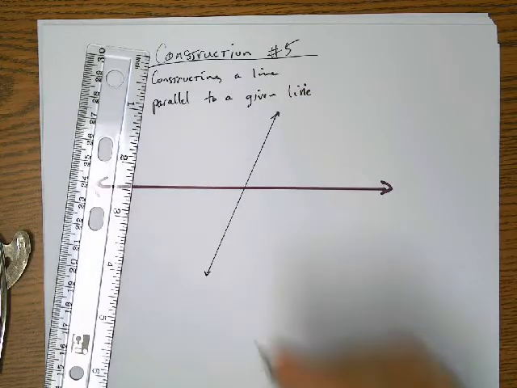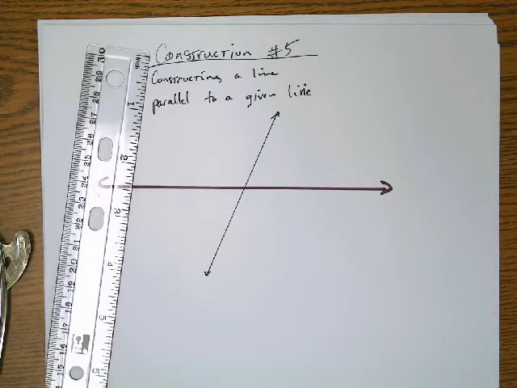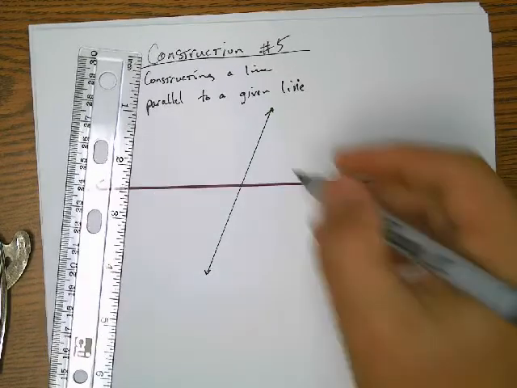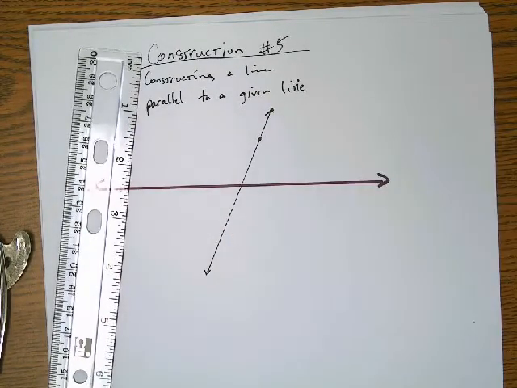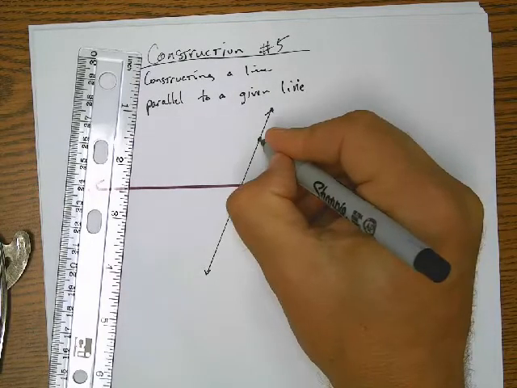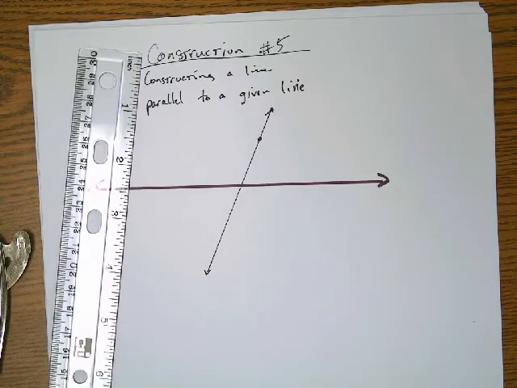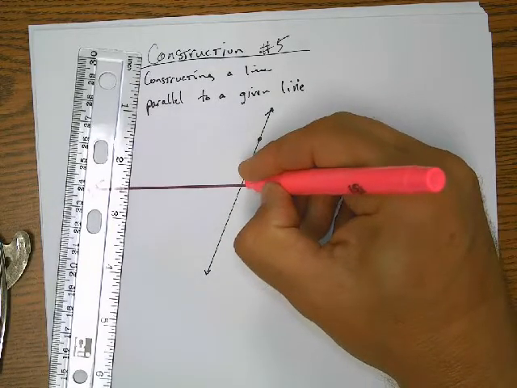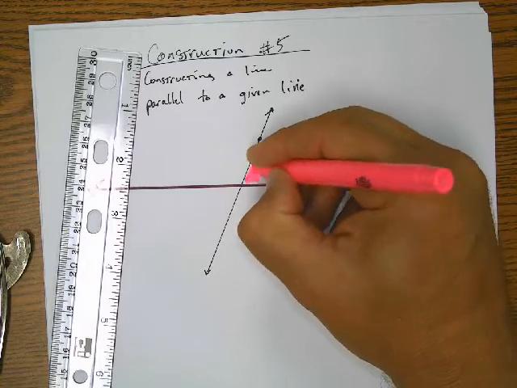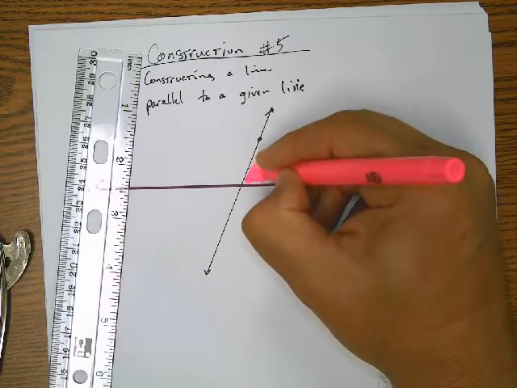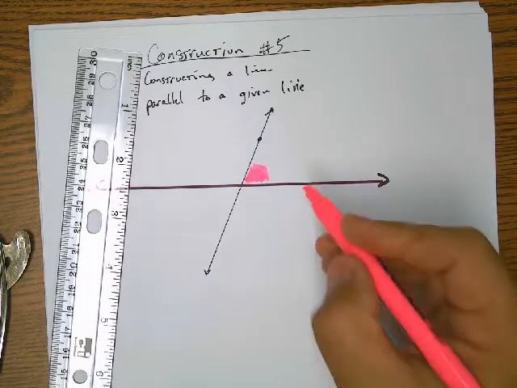And then I can pick any point above it, about right there. Just random point. So random line, random point. Now it really simplifies. All we're doing is we're copying, AJ, this angle right here. We're going to copy that angle up here.